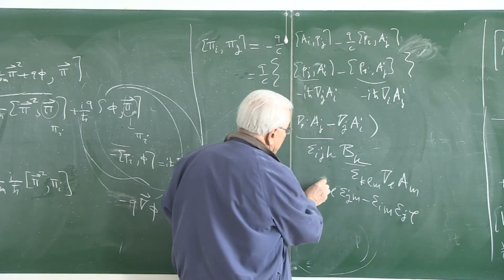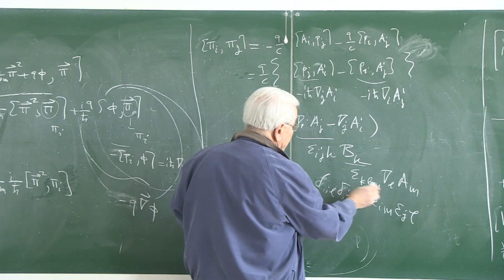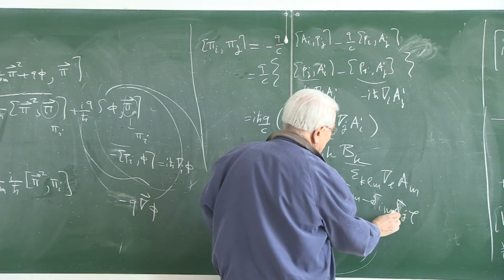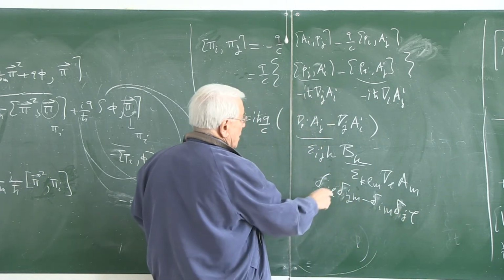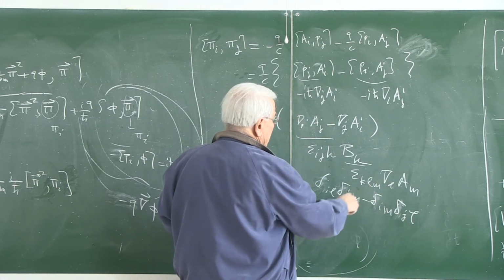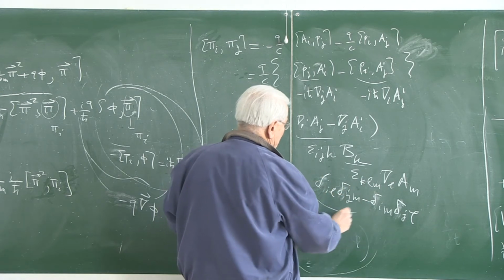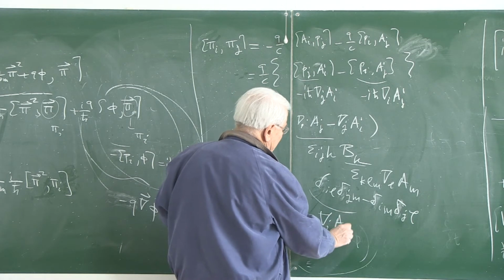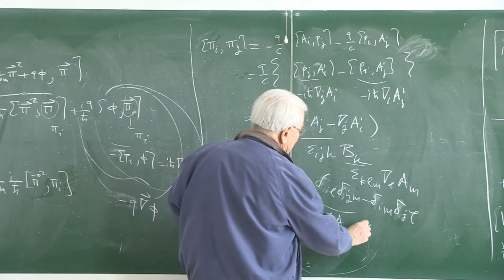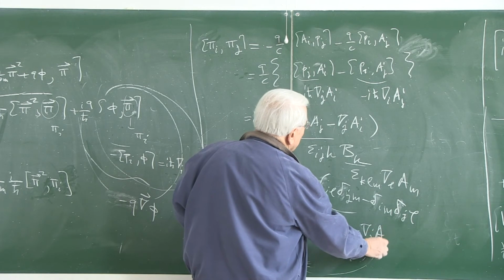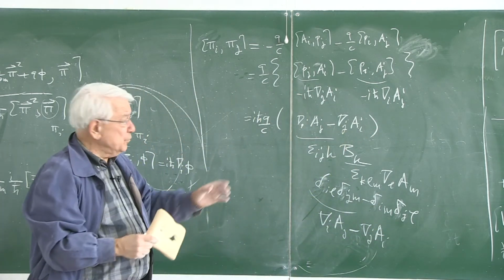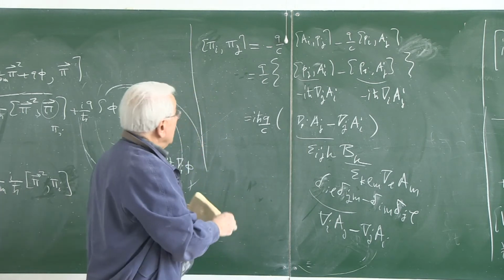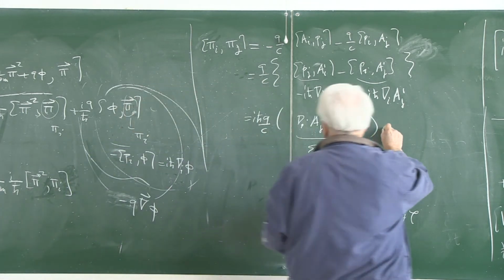Sorry, deltas, of course. You are contracting two epsilons, you get deltas. So il and jm, this expression becomes del_i A_j minus del_j A_i. Indeed, that expression I have demonstrated. So epsilon_ijk B_k is this. It is a really beautiful geometric expression, right?